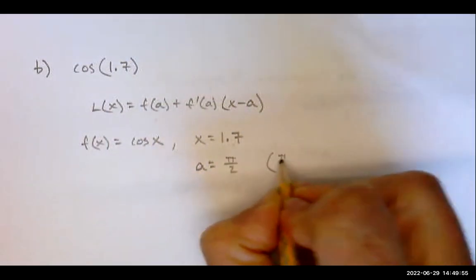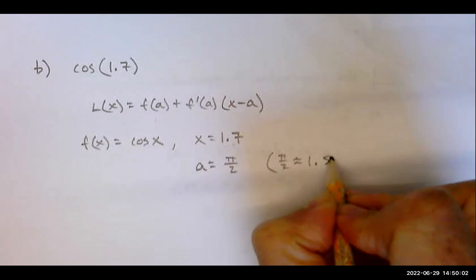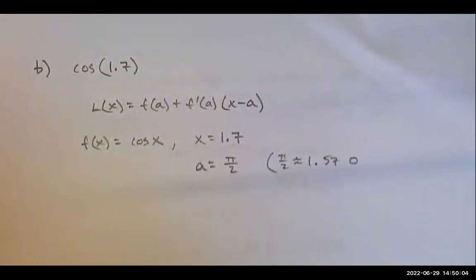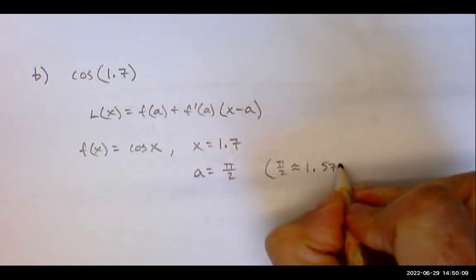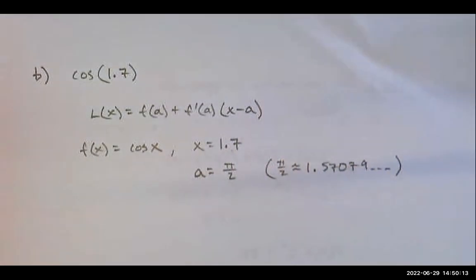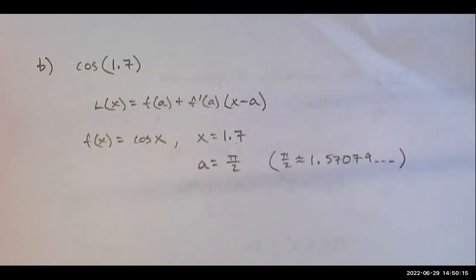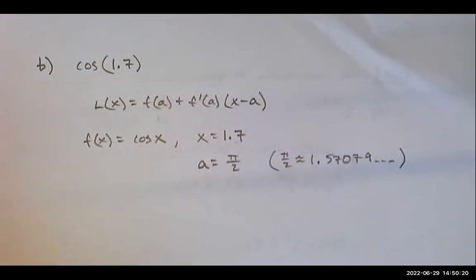If you were to guess and check, pi over 2 is about 1.570796, I put it in my calculator just now. I don't remember that. So this is as close as we can get to 1.7 and have a nice, clean, easy value for the cosine. All right, so that'll work pretty well.